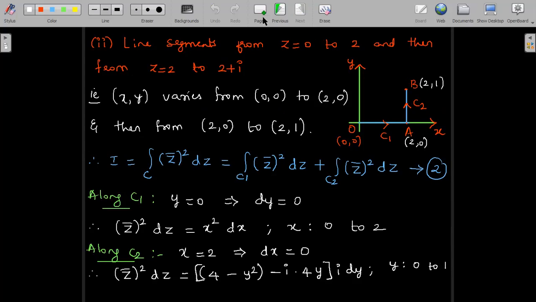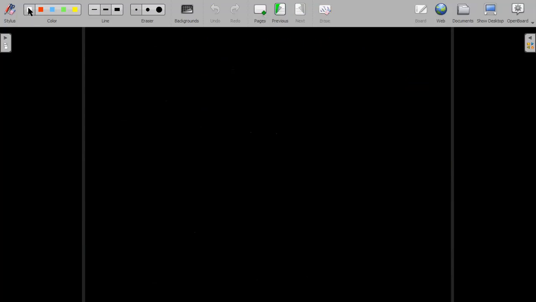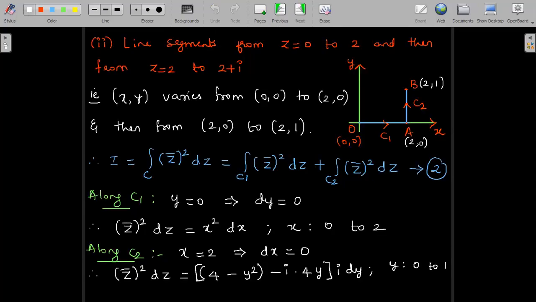Now, in the next step, we are going to club these two and substitute these two expressions in equation 2. Z bar whole square dz will now change to x square dx along C1 with limits for x. For the second one along C2, we write 4 minus y square minus 4iy into i dy, with y limits from 0 to 1.